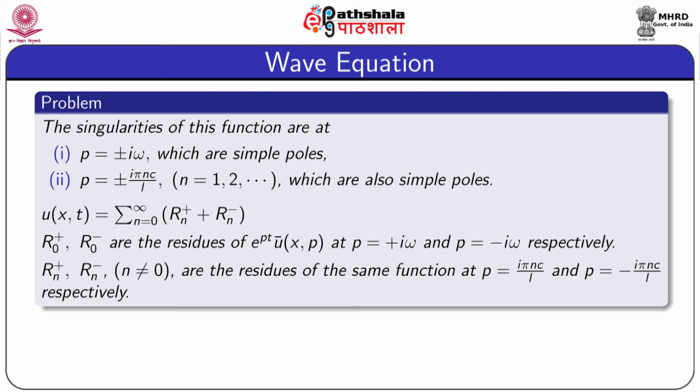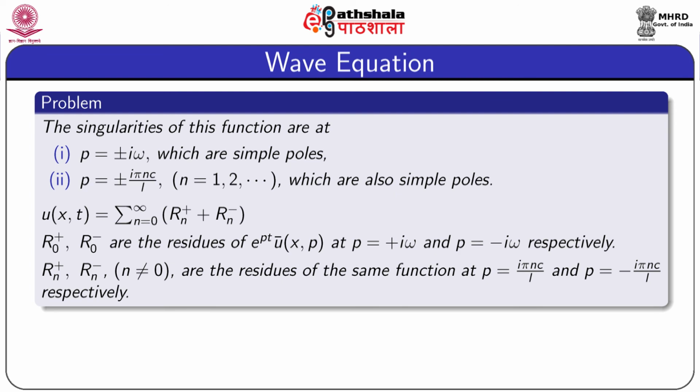Therefore, u bar has singularities at p equals plus minus i omega and p equals plus minus i pi n c by L, and all the singularities are simple poles.